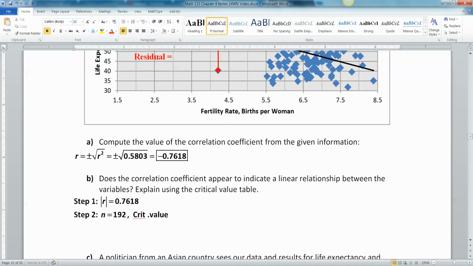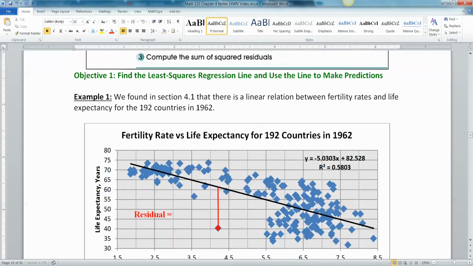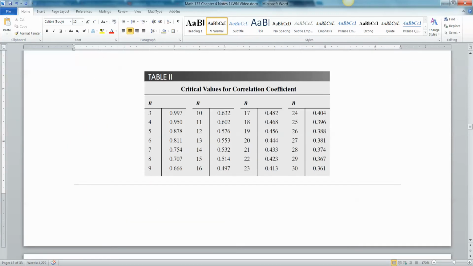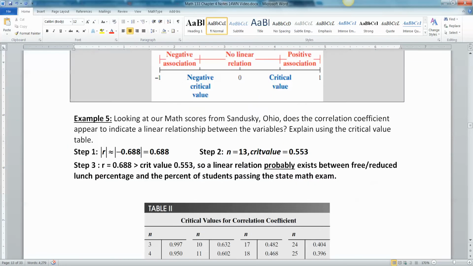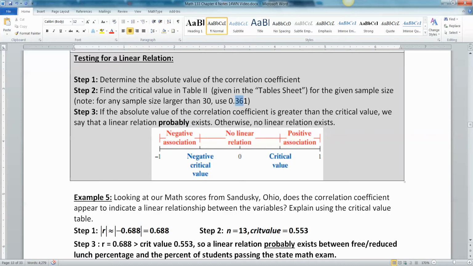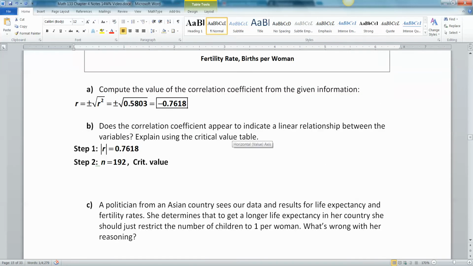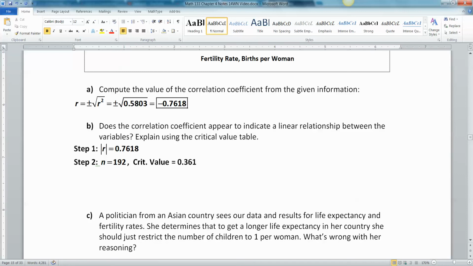Okay, so let me put the period in here. All right, so if I go back to the table, back a couple pages, the highest the table goes to is 30. And what I say up here is once you get a sample size larger than 30, just use 30. So use 0.361 because that's the end of the table. All right, so we're going to use 0.361. So the critical value is 0.361 for our purposes right now.